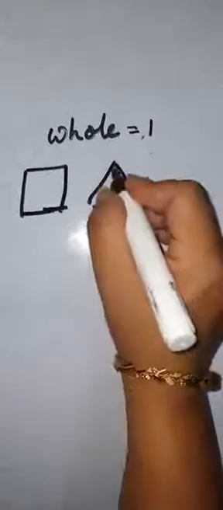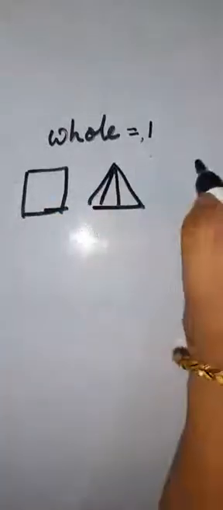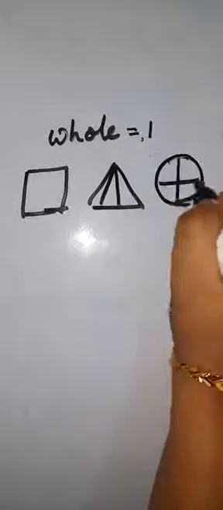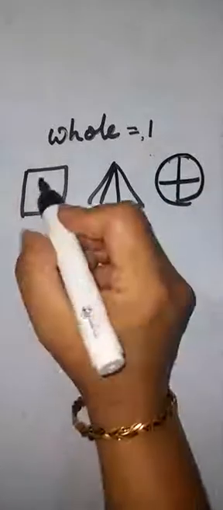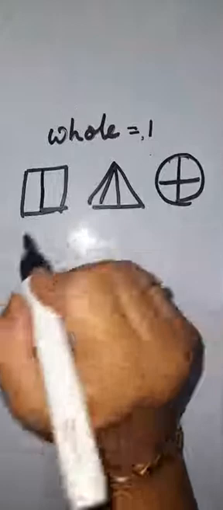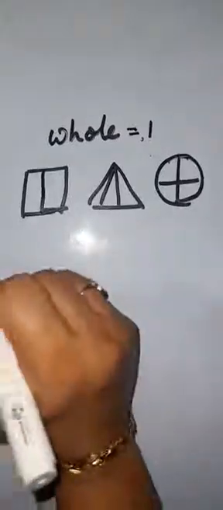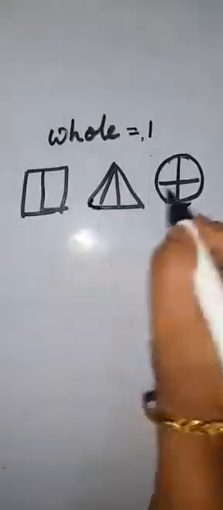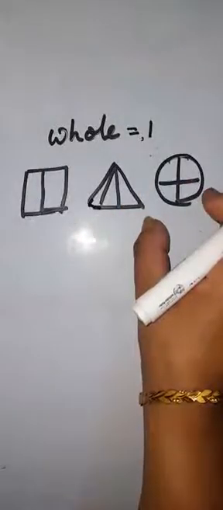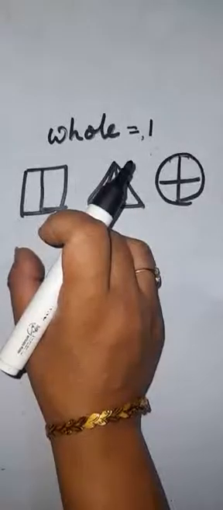Okay, right. So these are some shapes. Now I am shading these shapes. I have divided the circle into 4 equal parts, and triangle into 3 equal parts, and square in 2 equal parts.